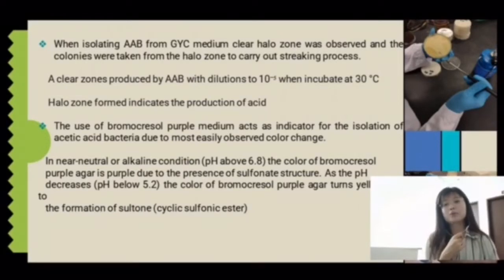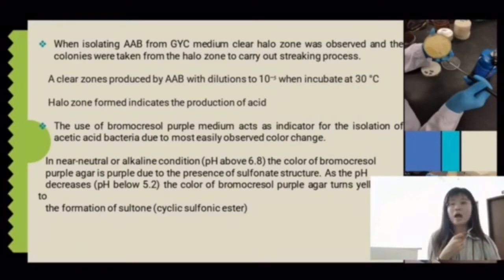Bromocresol purple is used as an indicator for the isolation of acetic acid bacteria. When we use bromocresol purple, it is easy to observe a color change. Before there are bacteria on the bromocresol purple agar, the color of the agar is purple.